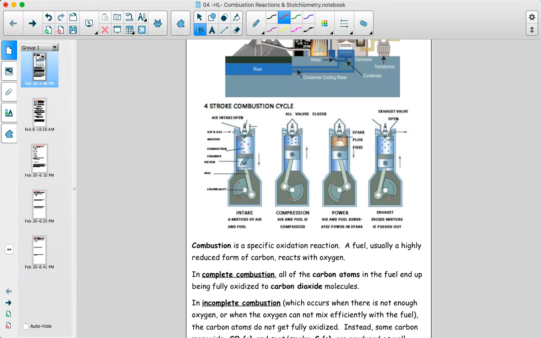Or you can take a fuel and you can get it to be vapor inside of a motor. And as the vapor gets compressed with air, a spark can ignite the vapor, which causes essentially a mini explosion inside the chamber of the piston. And that very hot gas then pushes the piston down, causing it to expand.